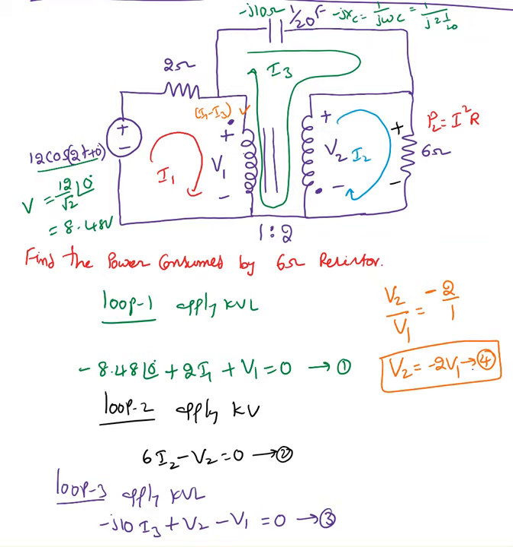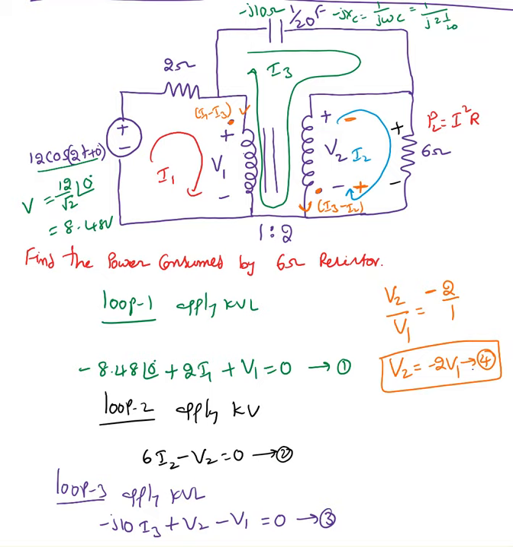I'm going to explain it one more time. I1 minus I3 is entering the dot, so the dotted terminal must be positive and the other negative. But I have the opposite sign, so that's the reason I'm taking this as minus 2 V1. In the same way, the current is supposed to leave this positive sign. So what current is going down? If I choose the current going down, then I3 minus I2 is going down, or you can say I2 minus I3 is going up.